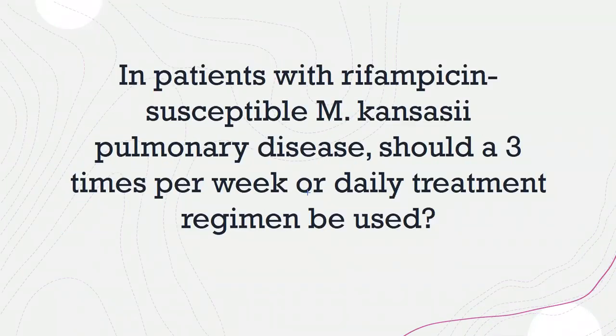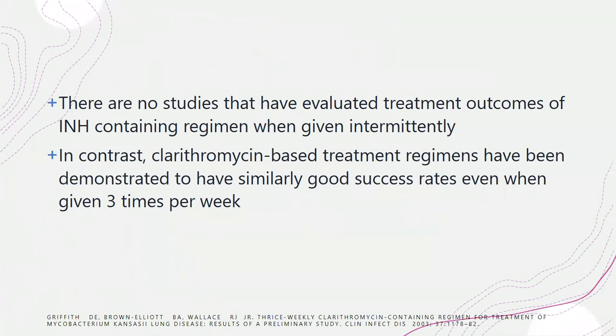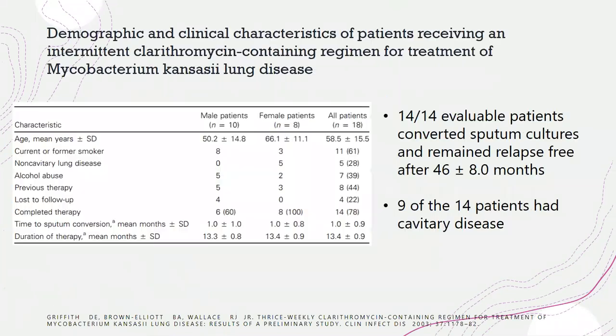The similar question to what we asked in MAC is, do you want to do 3 times per week or daily treatment? Unfortunately for isoniazid, there are no studies that have compared daily versus intermittent therapy, but for clarithromycin, yes, there have been studies that compared 3 times a week treatment with daily treatment, and they have equivalent success rates.